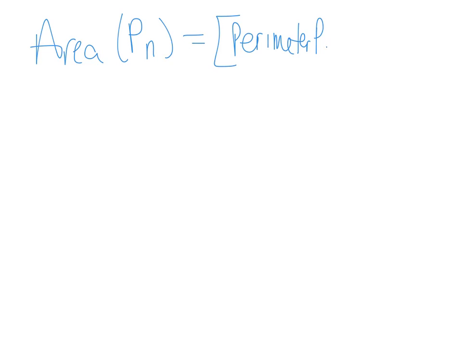So we have the area of a polygon with n sides is equal to the perimeter of the polygon with n sides times the height of the triangle of n sides over 2.